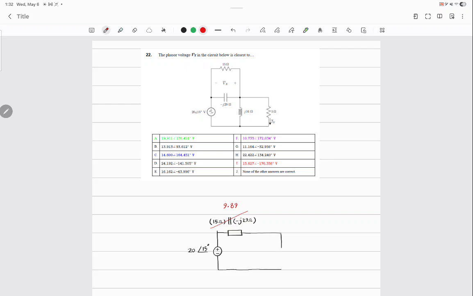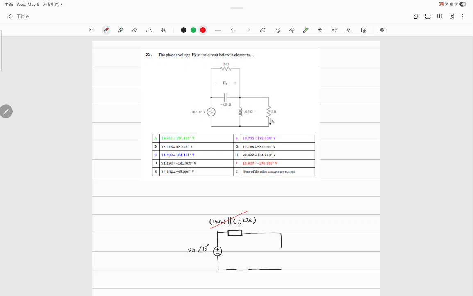It's not possible. The parallel of a capacitor and a resistor cannot be a resistor. So it needs to be either in rectangular form or polar form. So which one is it? Give me the value. I'm waiting.